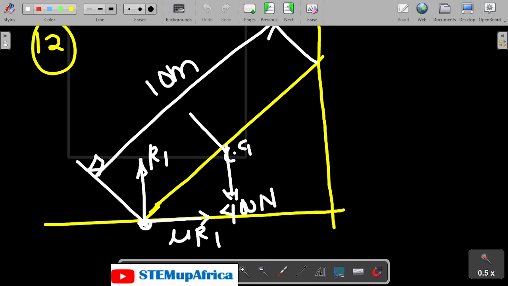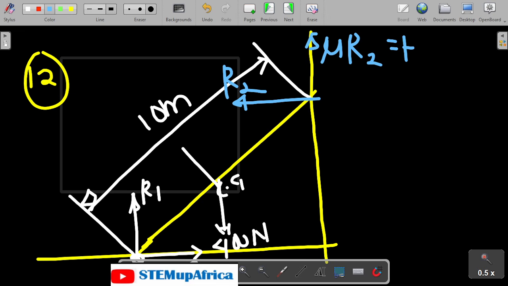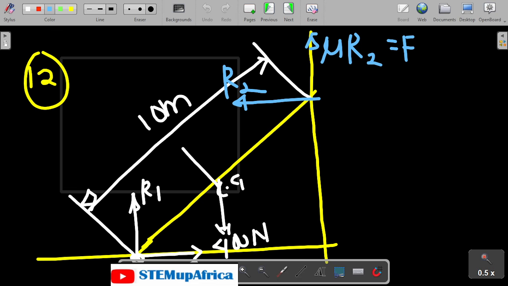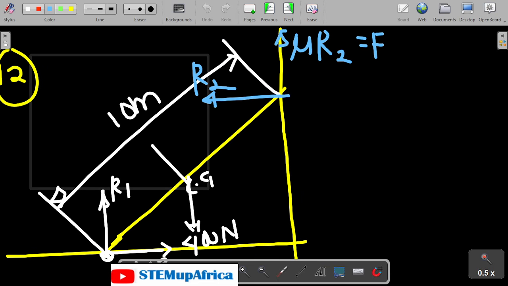So here becomes R2, and here becomes mu R2, which is the frictional force. Now it says the coefficient of friction at the points of contact is 0.4, and the ladder is about to slip. Calculate the normal reaction on the ground, which is R1. So you are asked to find R1.